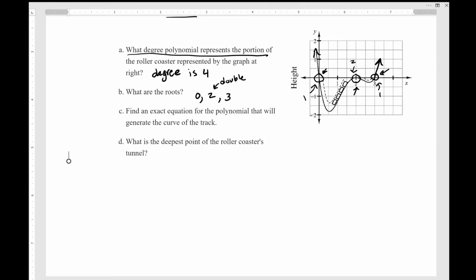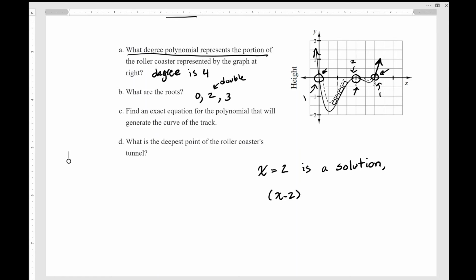Okay, so since we have roots at 0, 2, and 3, remember, if x equals 2 is a solution, then x minus 2, oopsie daisy, I wrote that wrong, then x minus 2 is a factor.